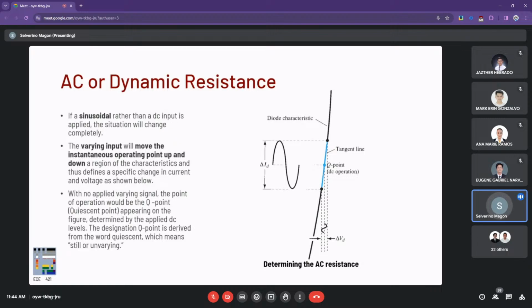So we can come up with such ohmic values if we use fluctuating DC as our input.